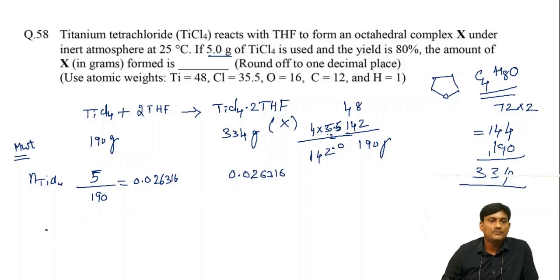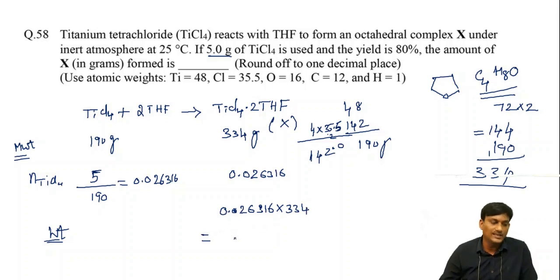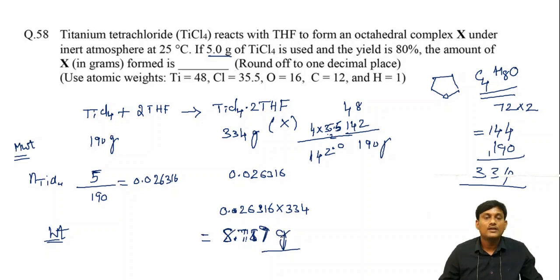Then what is the weight? What is the weight of TiCl4·2THF? You have to multiply 0.026316 with the molecular weight. What is the molecular weight? 334. This many grams you will get if the reaction is 100% yield. So you will get 8.789 grams of complex X when the yield is 100%.